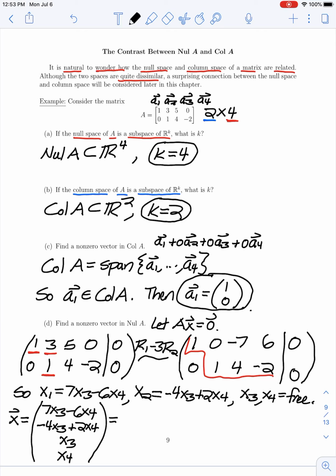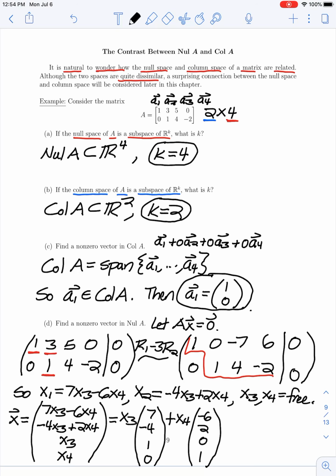If we write this as a linear combination of vectors where our weights are the free variables, we would have x3 times the vector 7, negative 4, 1, 0, plus x4 times the vector negative 6, 2, 0, 1, where x3 and x4 could be any real numbers.